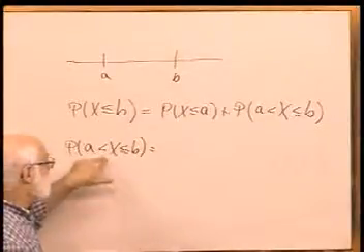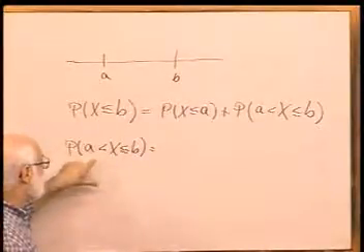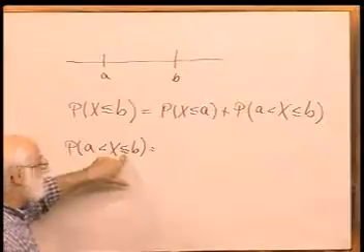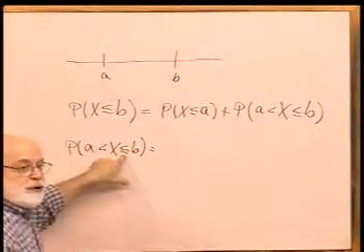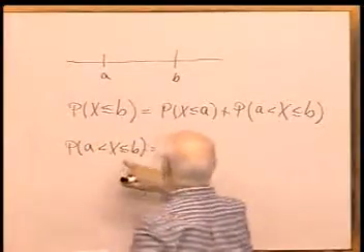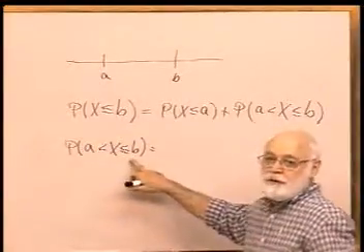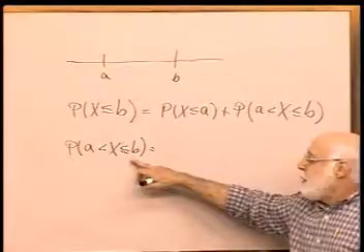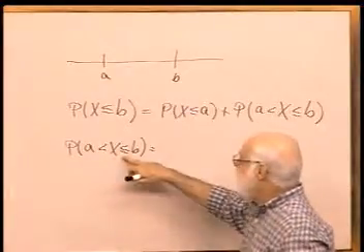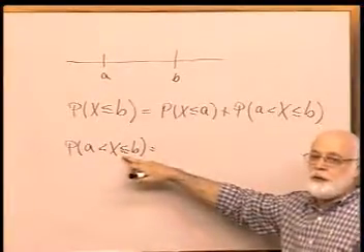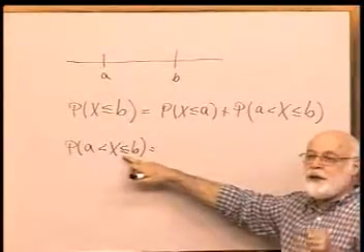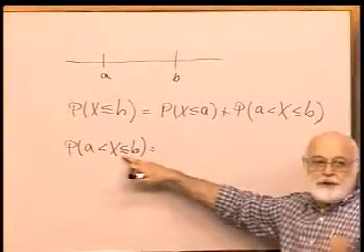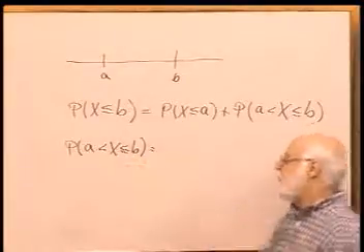When we worry about continuous random variables, it doesn't make any difference whether I write less than or equal to, because the probability that it's exactly equal is 0. Adding or subtracting a single point has no effect, because the probability of being at any specific point is 0.